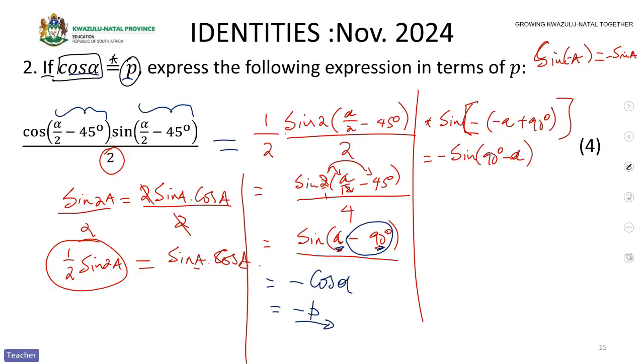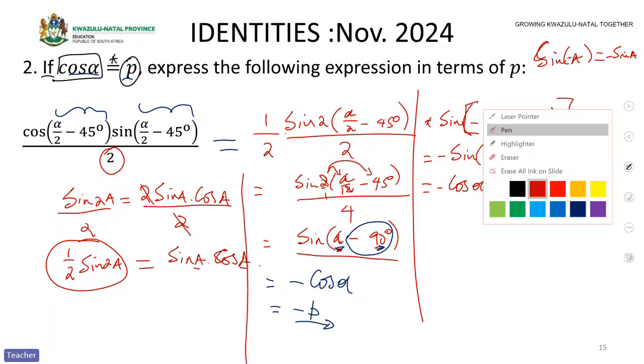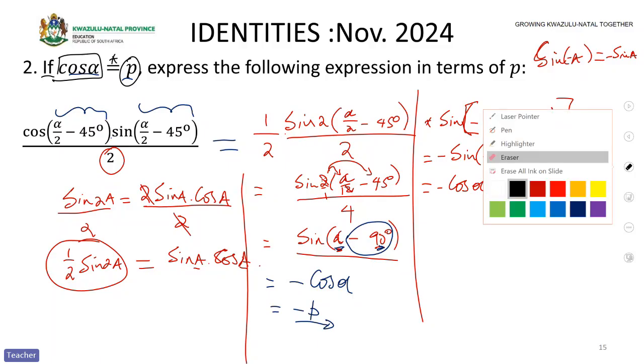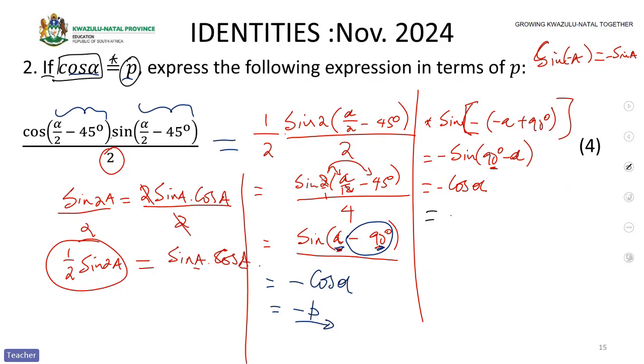I've just rearranged my angles. With this one again, I will get the same thing. It's going to be negative because of 90, it becomes cos. It is going to be cos of alpha, which will be equal to a negative cos. So I want to believe that you understand that one. Hence, it's going to be negative P.